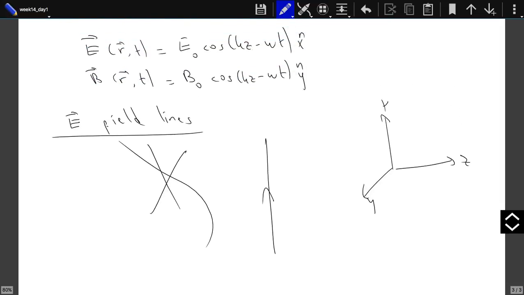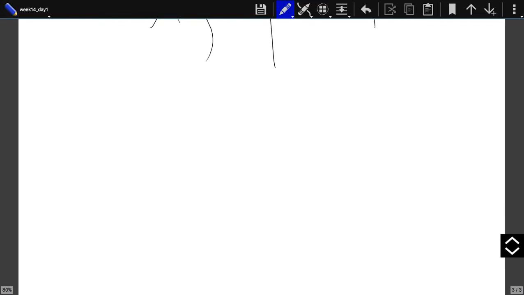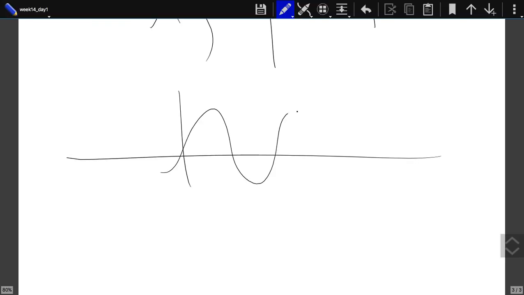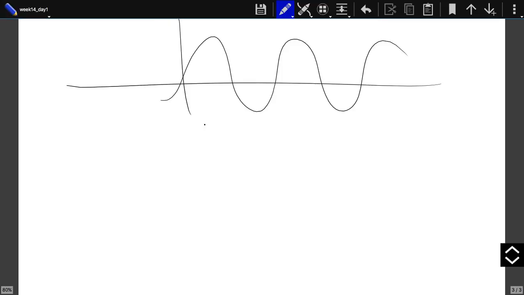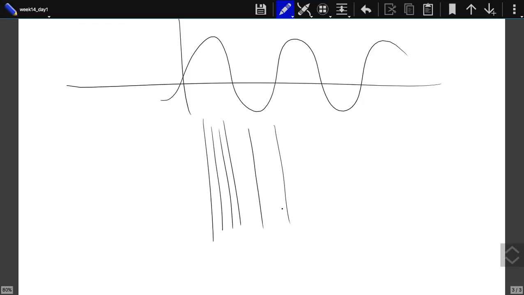And we know that at a given time, the density of these electric field lines should correspond to the amplitude of the electric field vector itself. So for example, if this is our electric field, the cosine kz minus omega t, then the electric field lines look like this one. Nope, sorry.